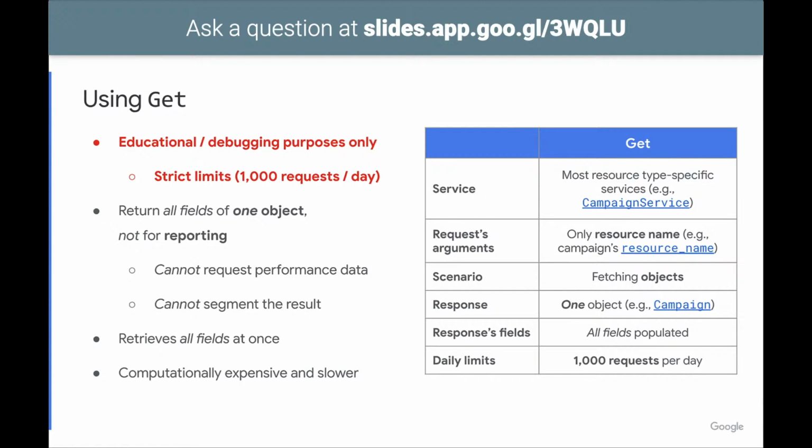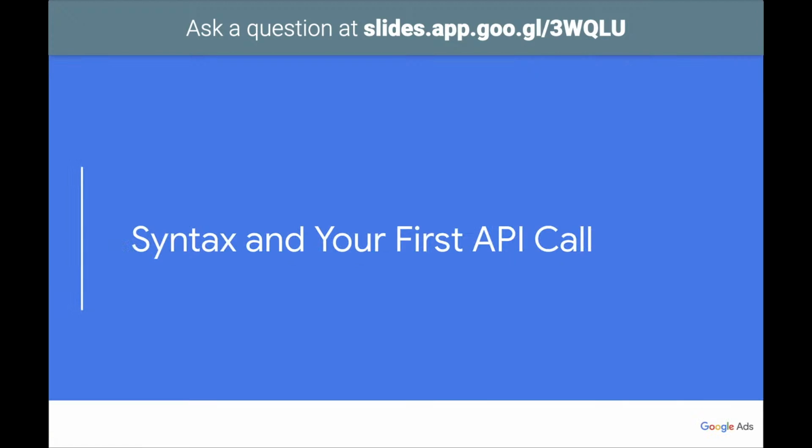If you're using the get method, every single field on that resource will be returned, which can be useful if you're trying to learn more about that given campaign or debug or whatever it is. But of course, it is computationally expensive and slower. So I just can't emphasize this enough: don't use get in production for reporting or retrieval purposes.